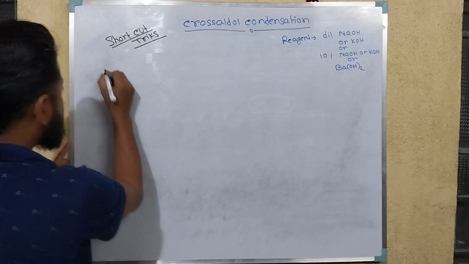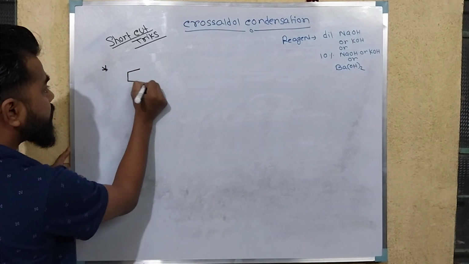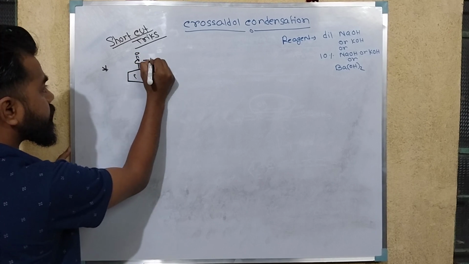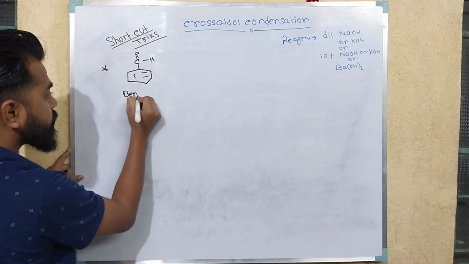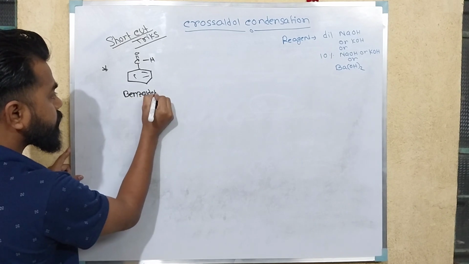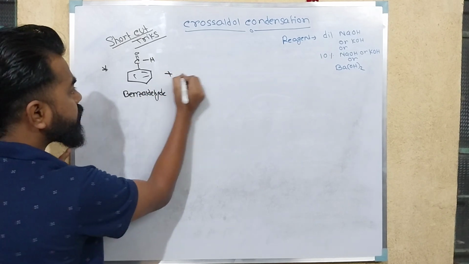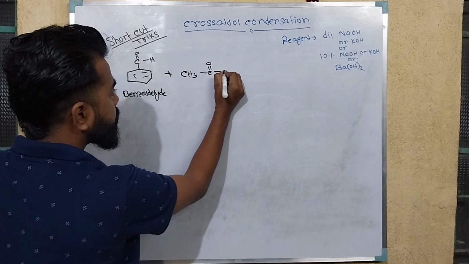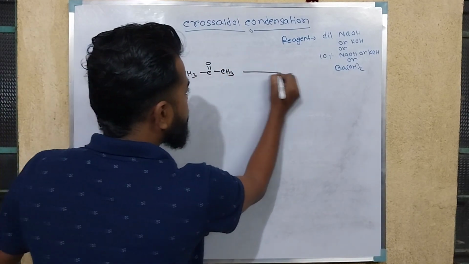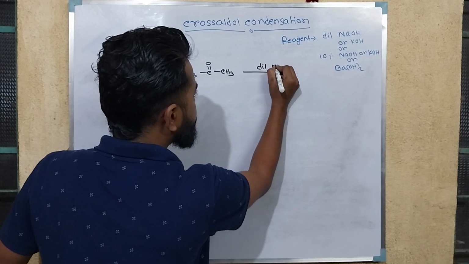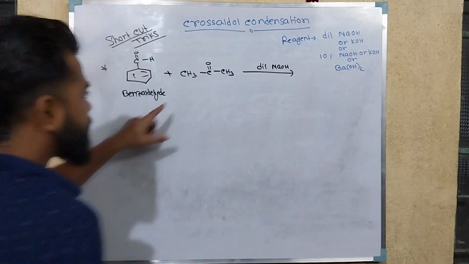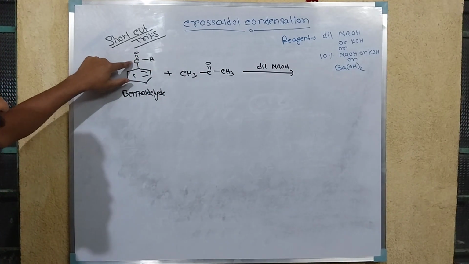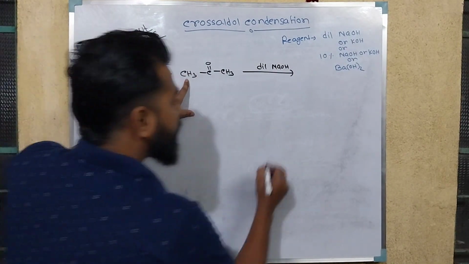Next example, the benzaldehyde reacts with acetone, reagent dilute NaOH. So this is alpha hydrogen, this is alpha hydrogen, okay, but benzaldehyde does not have any alpha hydrogen. So at first we write 1 alpha hydrogen less ketone.